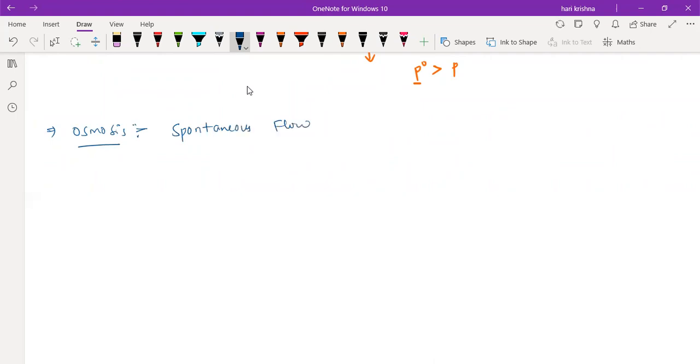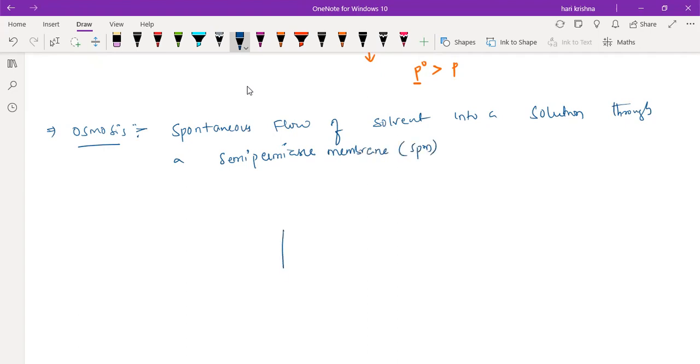Spontaneous flow of solvent into the solution through a semi-permeable membrane, SPM. Suppose you have taken one beaker, and you have taken one solution in another jar.